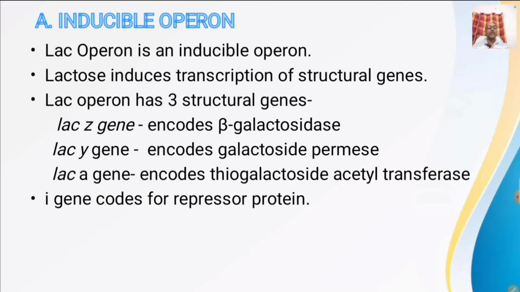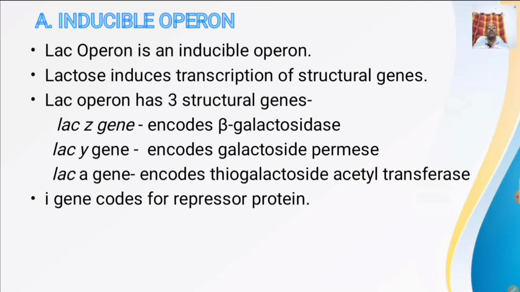So beta galactosidase hydrolyzes lactose into glucose and galactose, whereas the lac Y gene encodes the enzyme galactoside permease, which allows the entry of lactose into the cell. As for the lac A gene, which encodes thiogalactoside acetyltransferase, its function is not yet known.